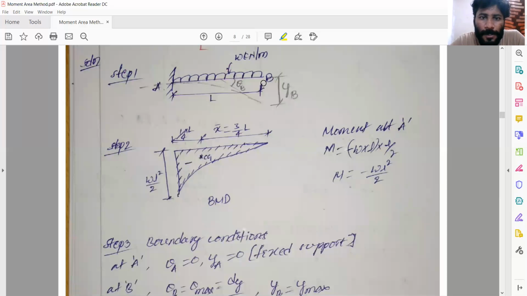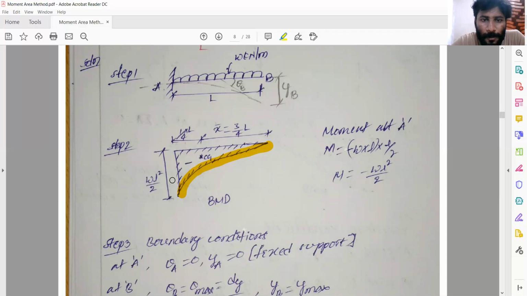Whenever a uniformly distributed load is acting, the shape of the bending moment diagram is always parabolic. If a point load is acting, the bending moment diagram is a linear variation. If a uniformly distributed load is acting, the bending moment diagram is parabolic in nature, and here it's a parabolic spandrel, right? So what is the bending moment value?